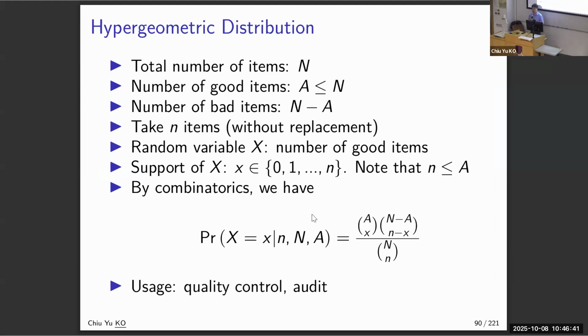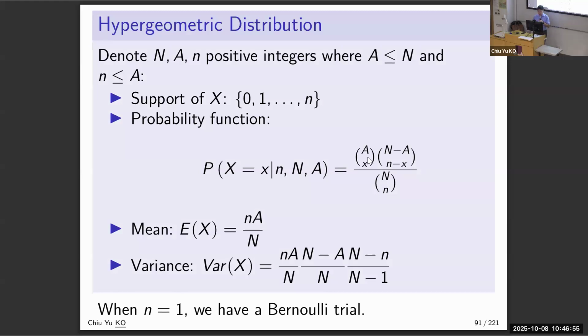So this is a sample without replacement. It's very good for quality control. You do audits, you do various stuff. So the P function is rather complicated, but the mean actually is not different from the binomial.